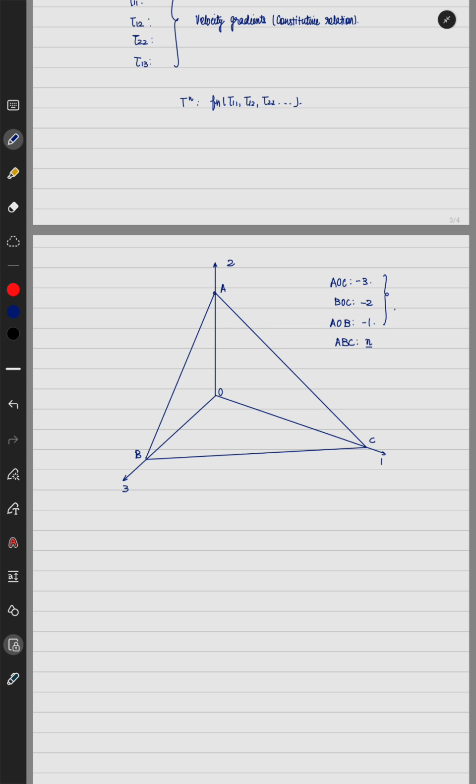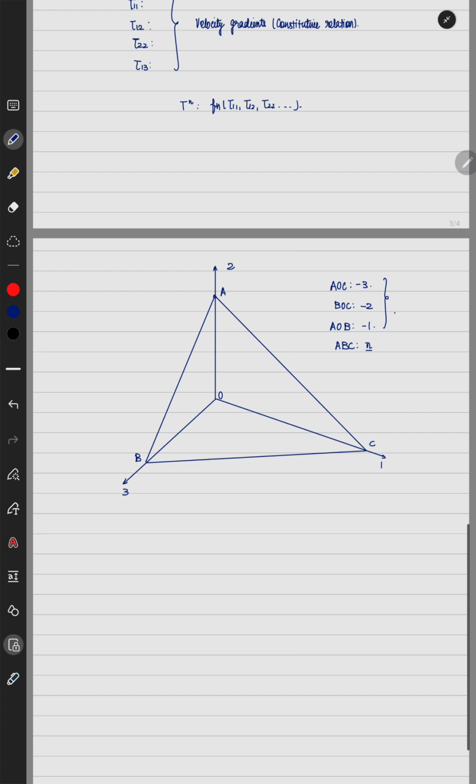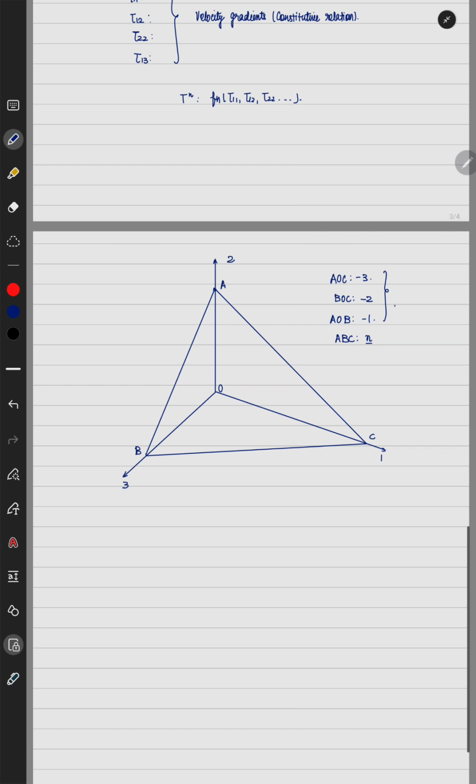Now, if I want to find what is the total stress acting on this area, which is not in some standard direction, I want to represent it in terms of the stresses acting on AOC, AOB and BOC. This will be my aim, because the stress acting on AOC will be directly correlated to velocity gradient by some constitutive relation that we will discuss further in this course.